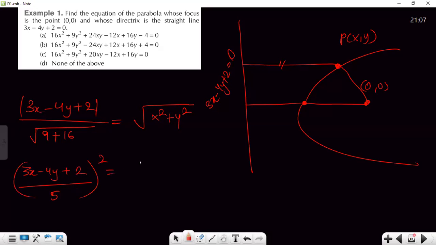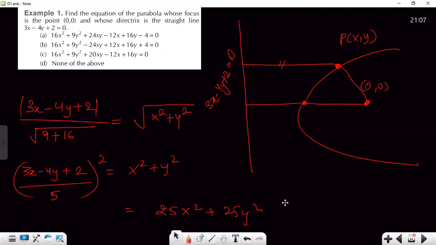Its square is equal to x square plus y square. From here, x and y is a general point, and if we find the relation between x and y, that will be our equation of parabola. Simple. So 5 square becomes 25 onto the right hand side, 25x square plus 25y square.